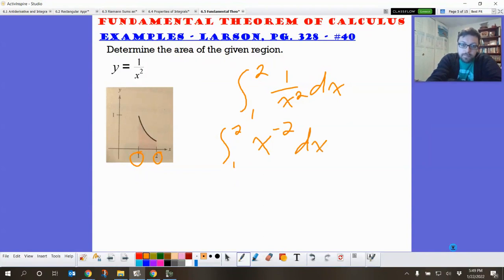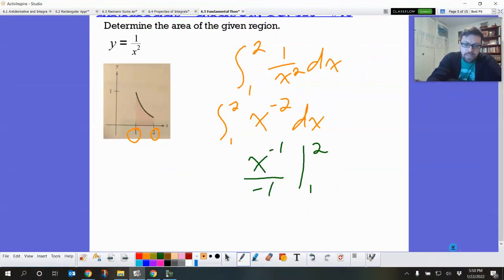dx. So we integrate that by adding 1. So that's x to the negative 1 divided by our new exponent, which is negative 1. And then we're going to check that from 1 to 2. Really that is negative 1 over x, checking that from 1 to 2.